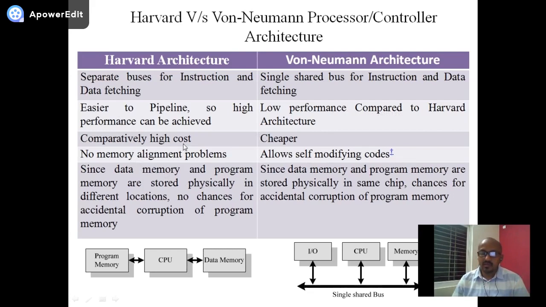Harvard has a very high cost, while von Neumann is cheaper, because we have to separately connect address lines, data lines and control lines for data memory as well as program memory, so the bus connection cost increases compared to von Neumann. There is no memory alignment problem in Harvard, as both memories are connected by separate address, data and control lines.